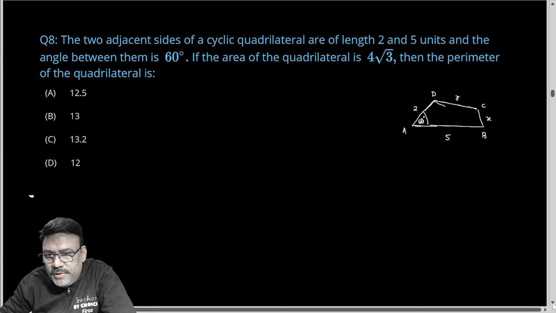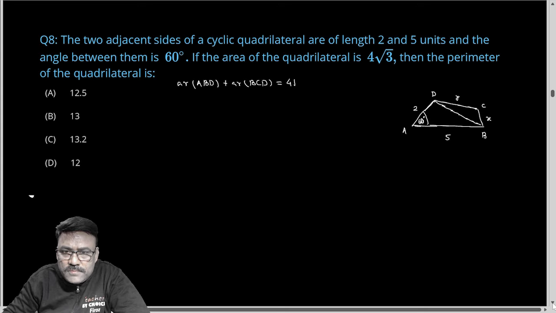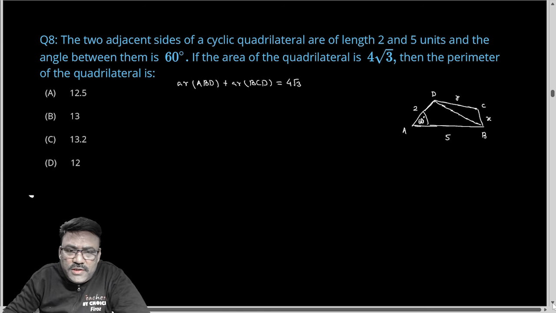If I join BD, so area is given here. Area of quadrilateral ABCD is 4 root 3, and this area can be written as area of triangle ABD plus area of triangle BCD. Just add the area of triangle ABD and area of triangle BCD, you will get the area of the quadrilateral, which is given as 4 root 3.